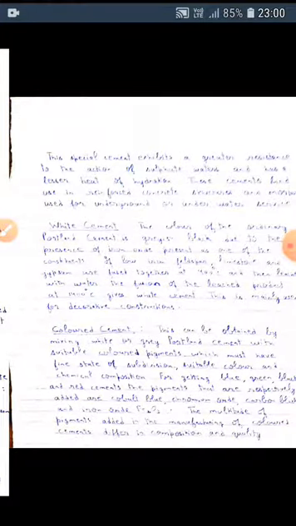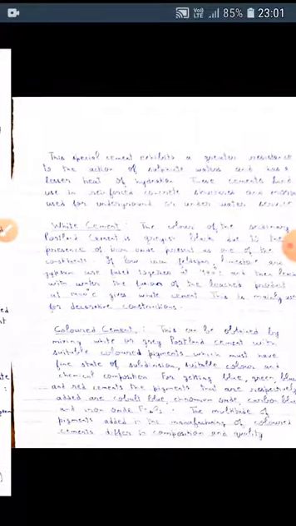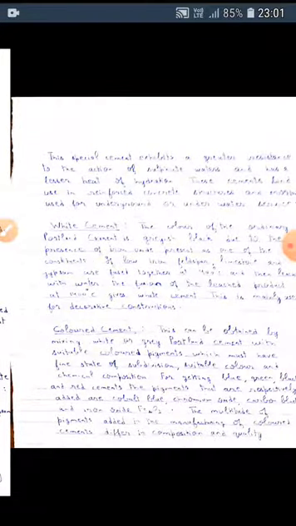Hence, if low iron feldspar, limestone, and gypsum are fused together at 900 degrees centigrade and then they are leached with water, the fusion of the leached product at 1400 degrees centigrade gives white cement. White cement is mainly used for decorative constructions.